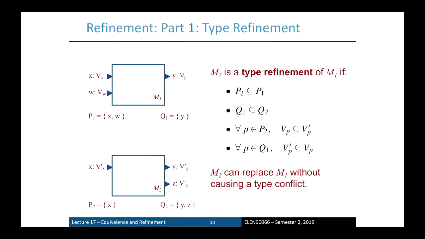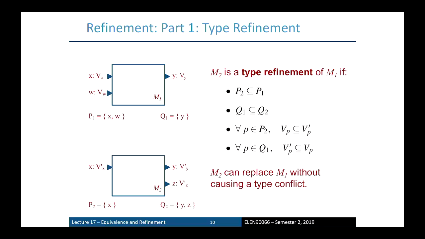All right, so let's look at refinement. Type refinement, type 1, this first bit. It was very trivial when you just looked at that Kabuki example. Yeah, same input, same output, swap it in, fits exactly, same profile, the chip's exactly the same. But we're going to be a bit more formal about it. So here's machine M1. It has inputs X and W that come from spaces Vx, Vw. They could be real numbers, natural numbers, present, absent, whatever they are. And P1 is the set of these input signals.